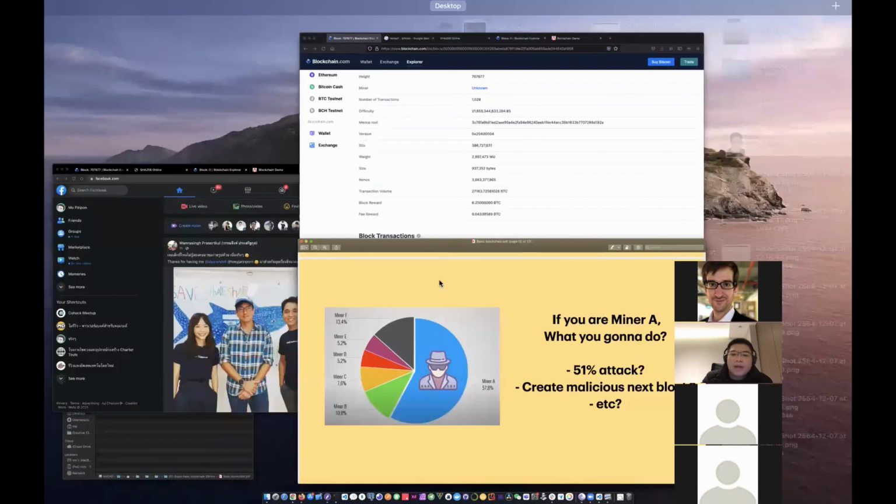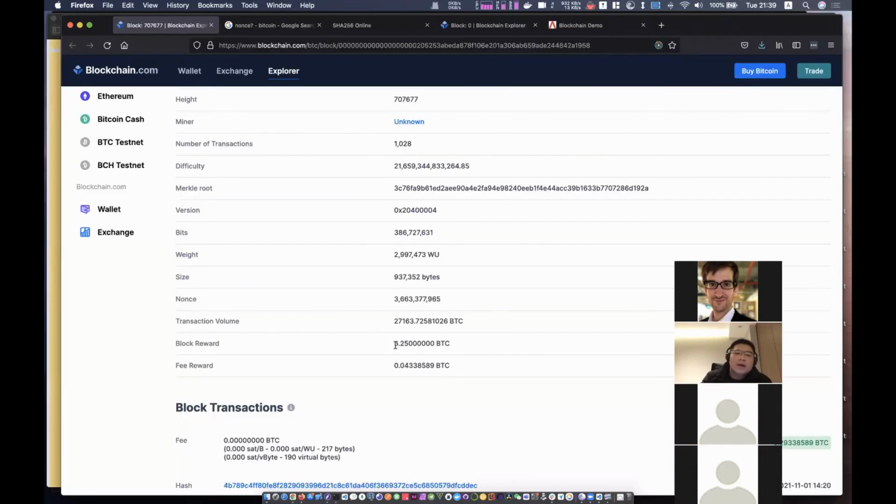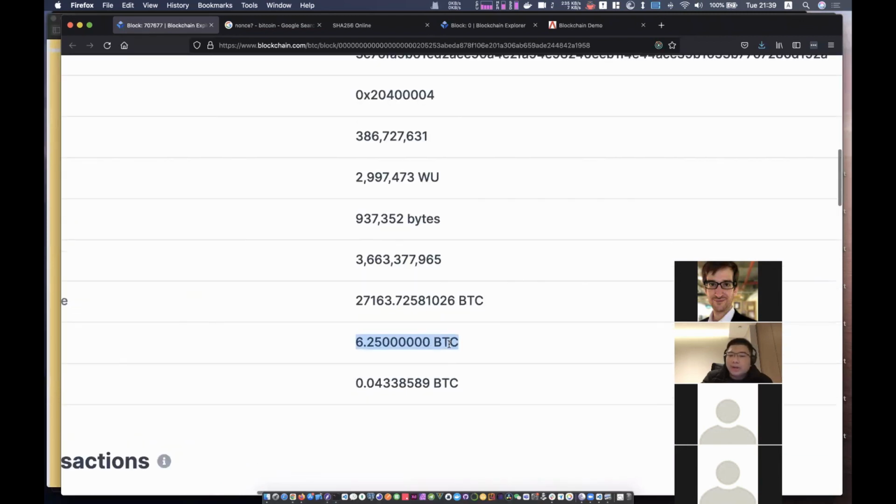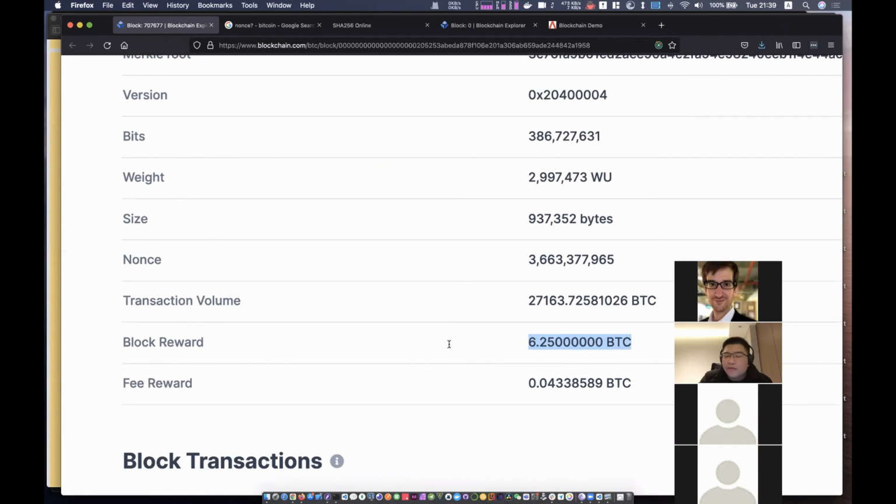And there is something interesting: one day the block reward is going to be reduced to zero. Okay, one day it's going to happen for sure, because BTC right now is minted from nothing. It's created from nothing, and nodes generate new BTC, and they have a limited supply for BTC as well.